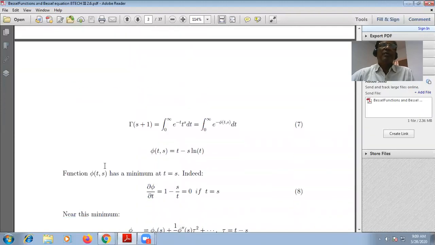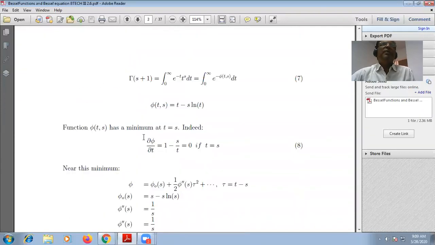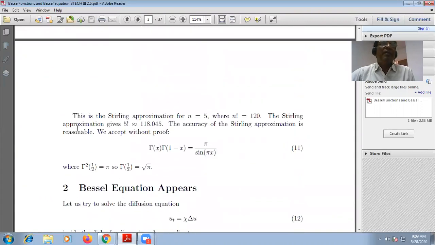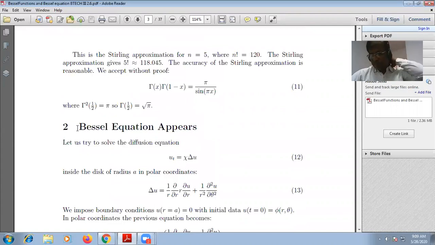So students, I hope after going through the above results, it is possible for you to come to equations 8 up to 10. Now I am discussing the Bessel equation as it appears.